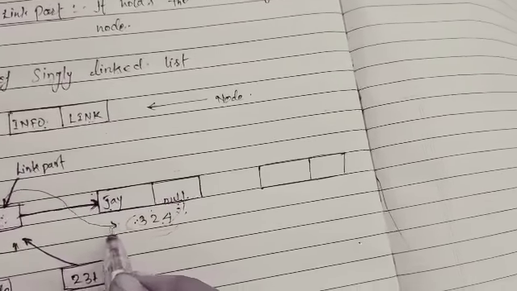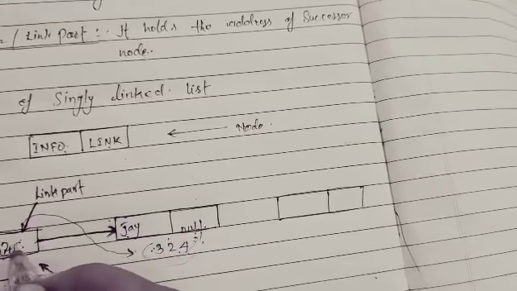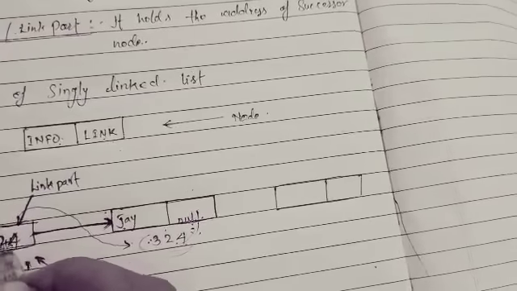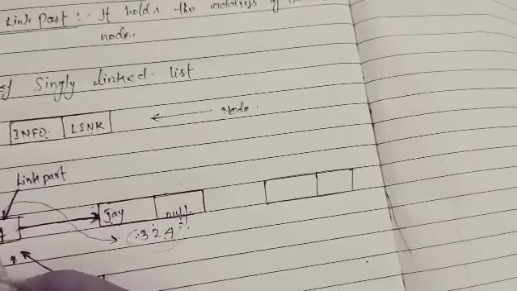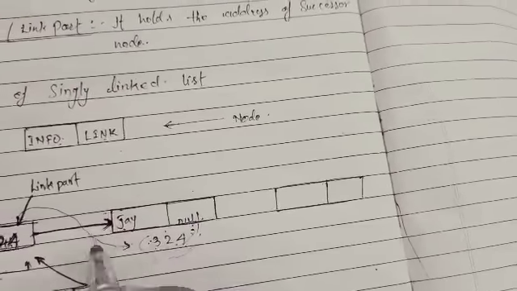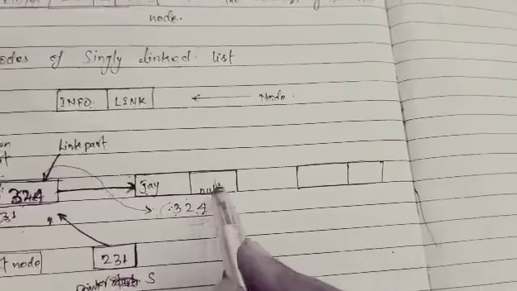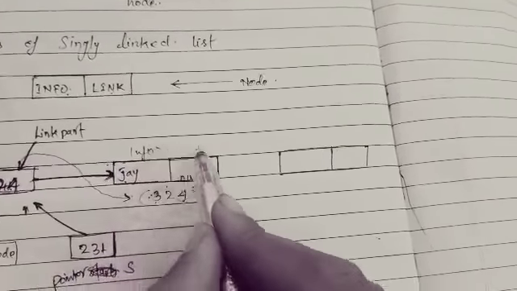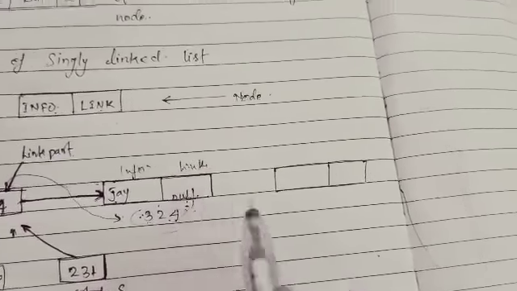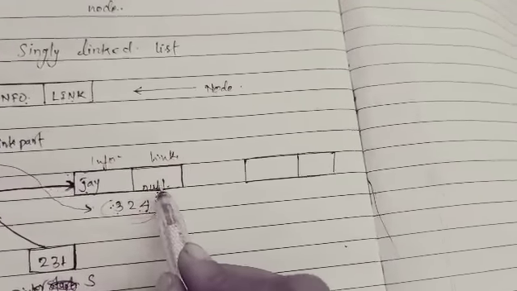So the link part should hold the address 324, because 324 is the address of this next node. This is the info part for this node, and this is the link part for this node. Here the link part is still a null value.